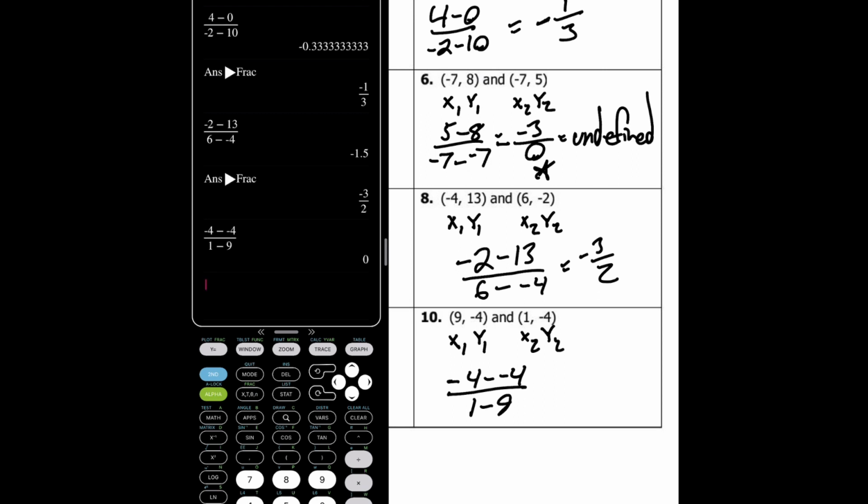Arrow over, enter, and I get 0. Negative 4 minus negative 4 is 0. Over 1 minus 9 is negative 8. 0 divided by anything is a 0. All right, box up some of these answers.